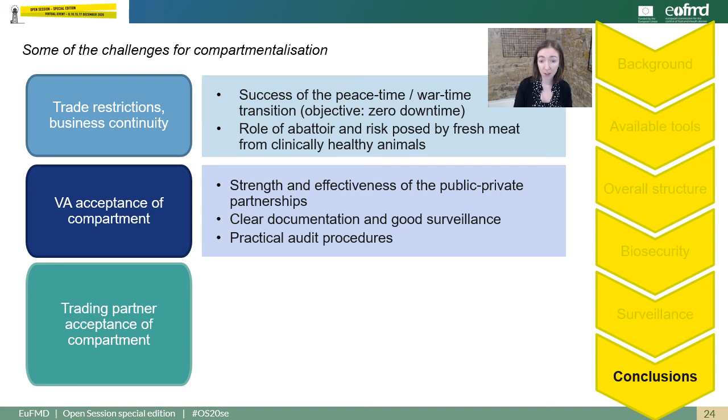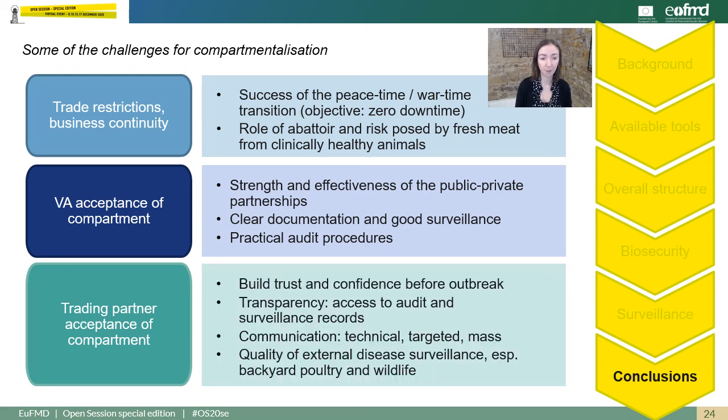If such a relationship does not exist, it might compromise the development of a compartment. The vet authority must also be able to provide clear documentation, practical audit procedures, and good external surveillance to convince the trading partners that the compartment in place is reliable.